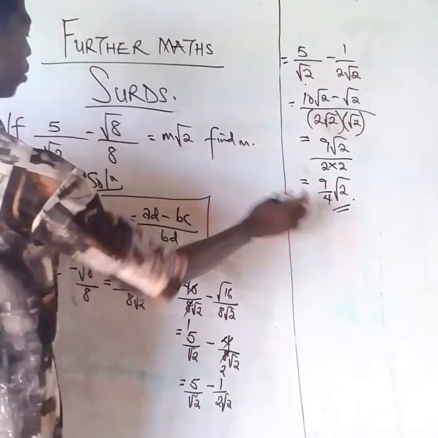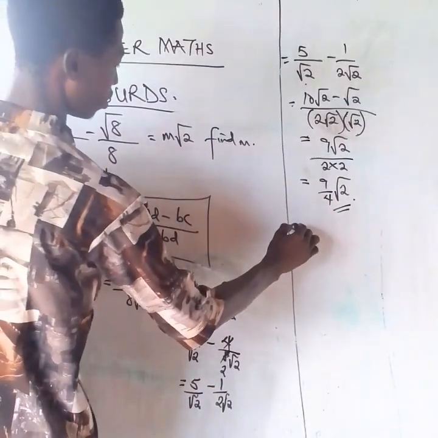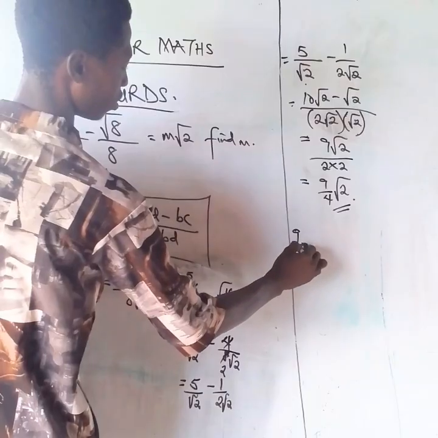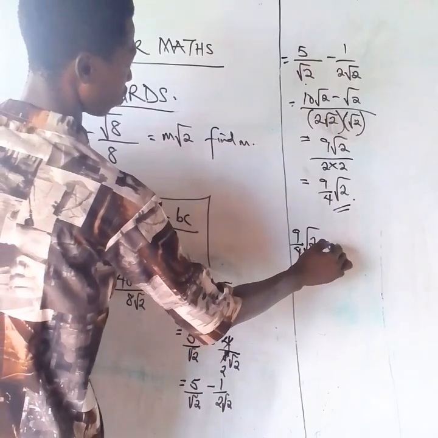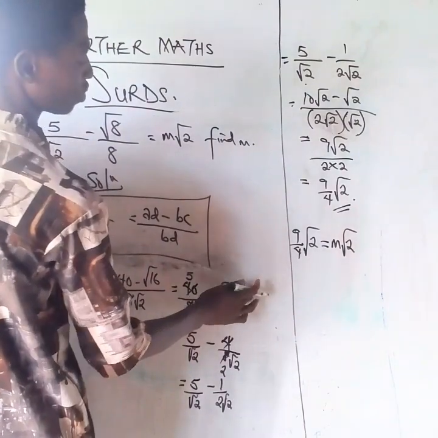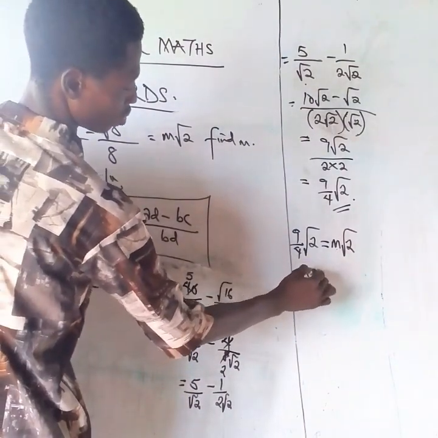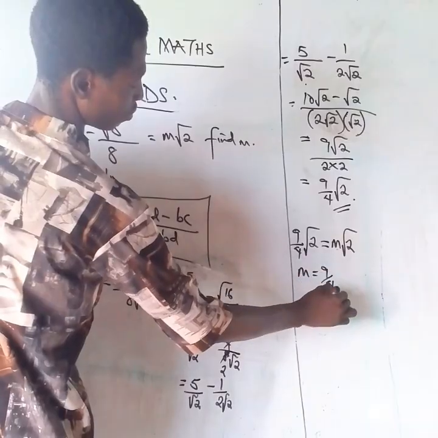Now, remember we've gotten this, and they say we should compare it with this. So it means 9 over 4 root 2 is equals to m root 2. So that means m is equal to 9 over 4.